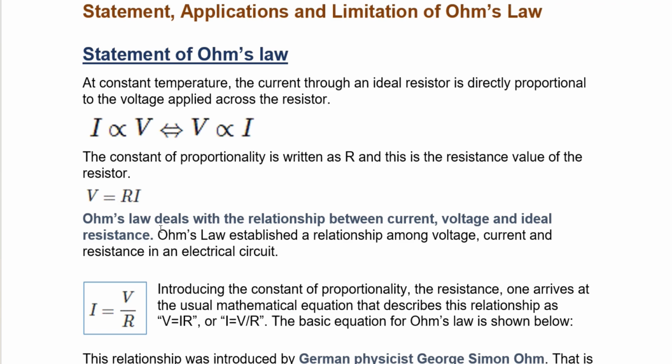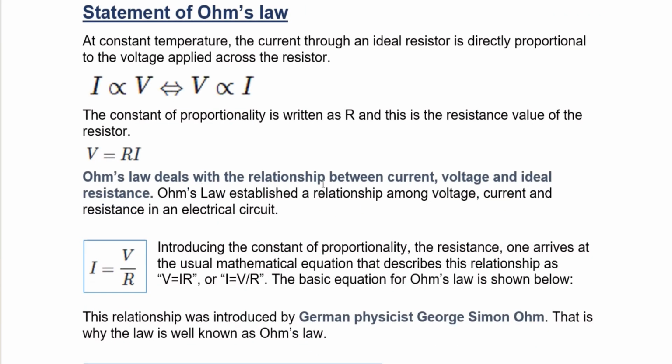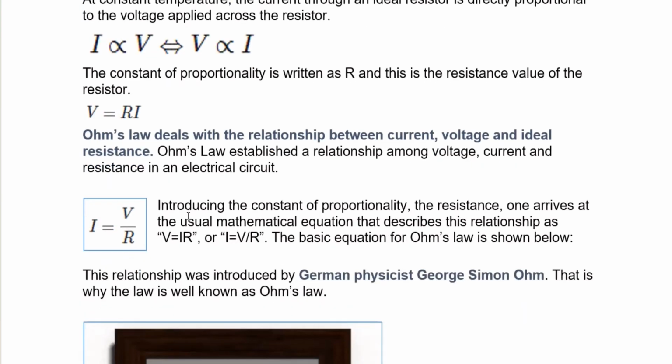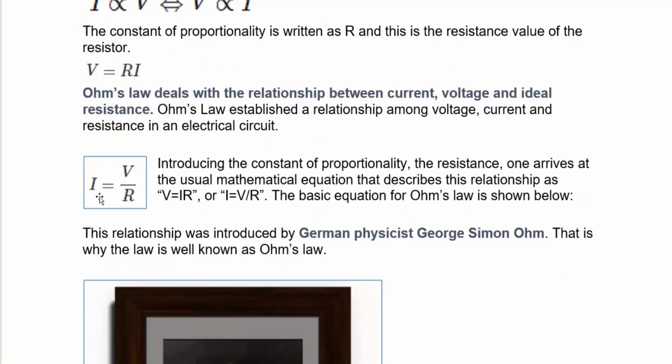Ohm's law deals with the relationship between voltage, current, and resistance. This can be shown as I equals V upon R. If you interchange these values, you will get V equals IR or I equals V upon R.